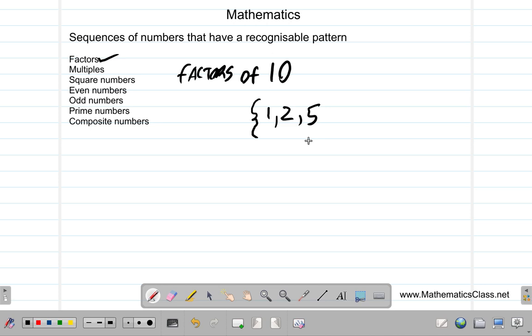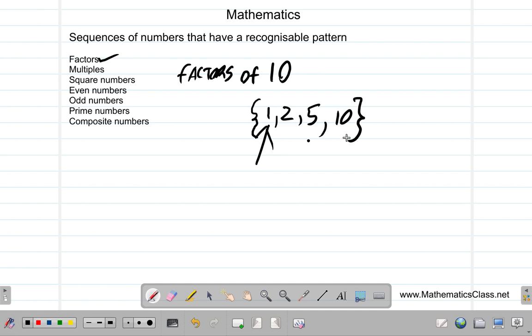Now, you have one more factor of 10. Who can tell me? Alright, one more: 10 itself. Remember, 1 is a factor of every number. 1 can go into any number without leaving a remainder.